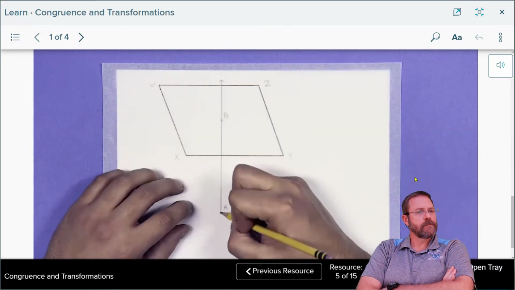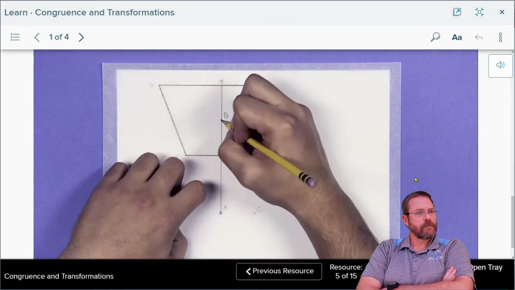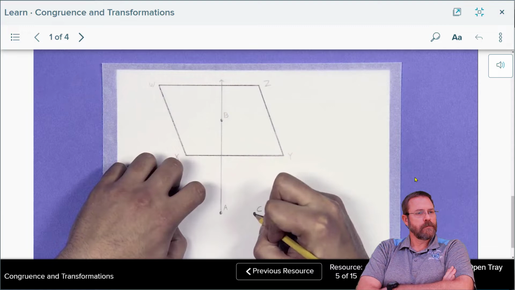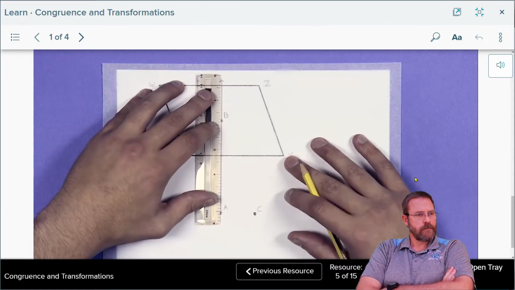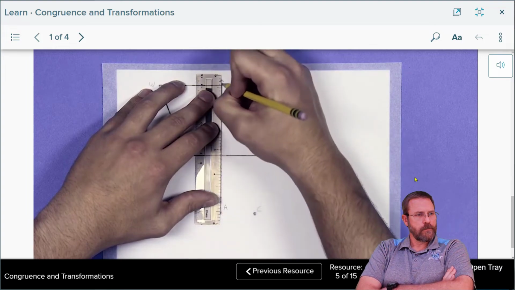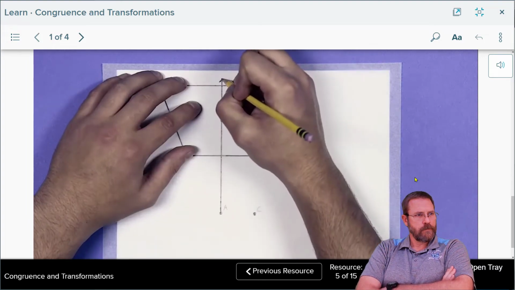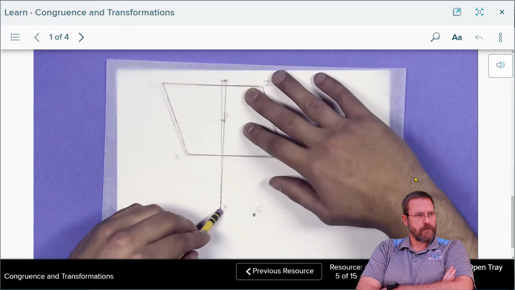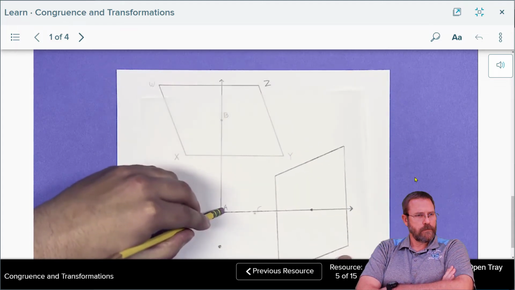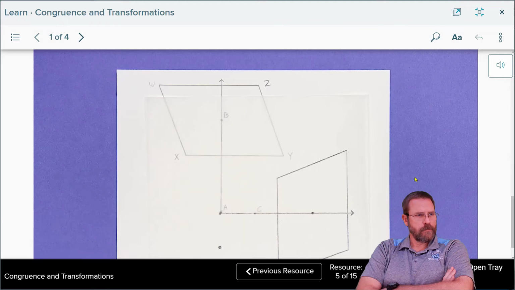Trace points A, B, C, and ray AB. Hold the tracing paper down with the pencil eraser on point A. Turn the tracing paper to the right until ray AB passes through point C.